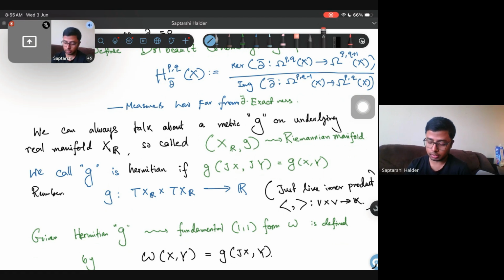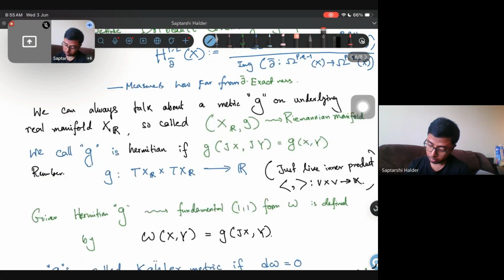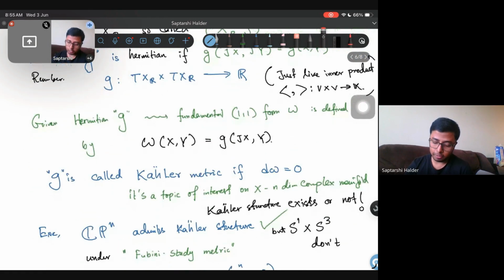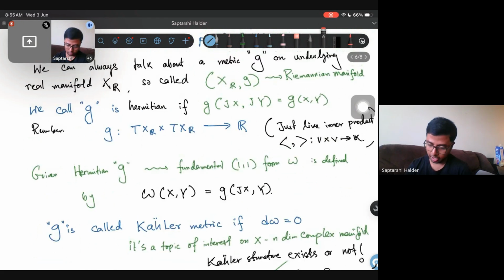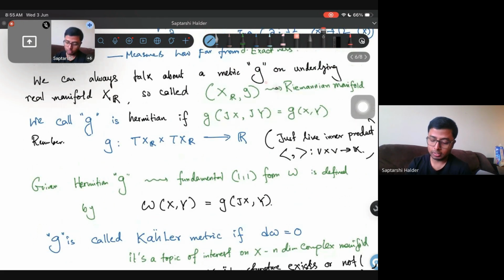These both are the same. Then it's called Hermitian. Given a Hermitian metric G, first of all it should be a Riemannian metric over X_R, and it must be Hermitian with respect to this almost complex structure J.